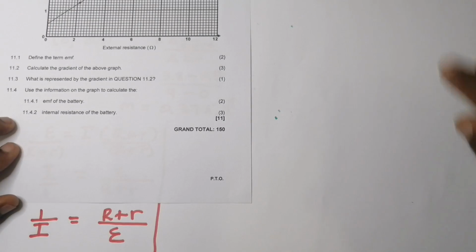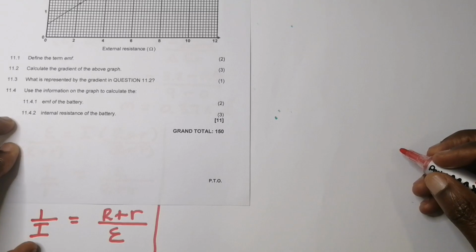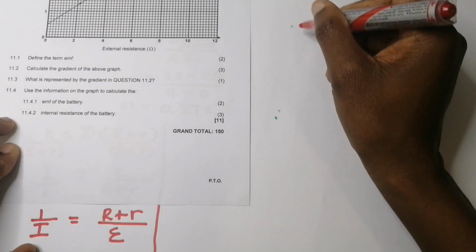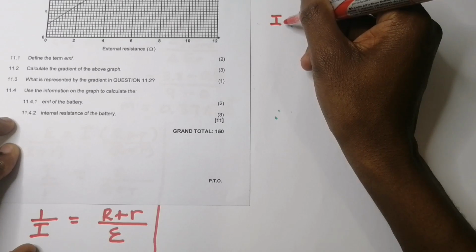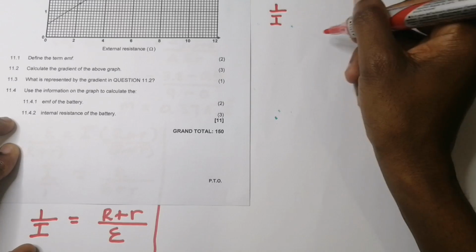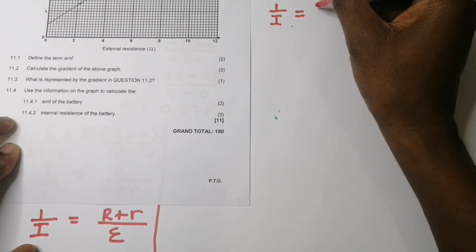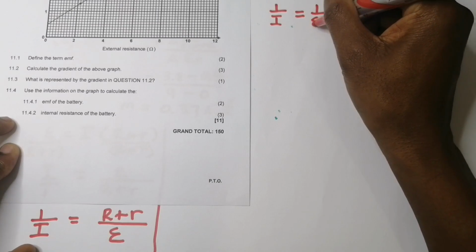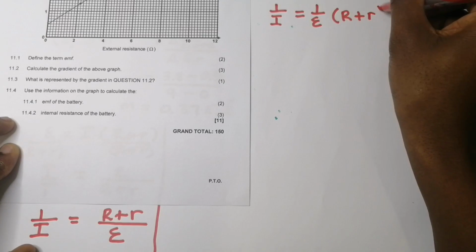All right, so I have got internal resistance as my subject. Okay, so there's my formula over there. Okay, I'm just going to continue there. So in this case, I've got 1 over I rather, okay, which is equal to, now, please note, I'm going to write that as 1 over E into R plus small r.